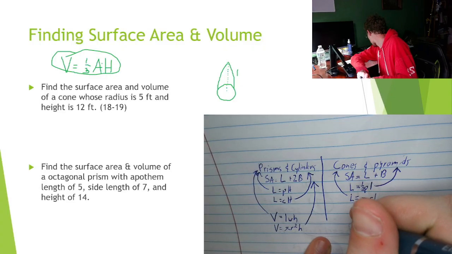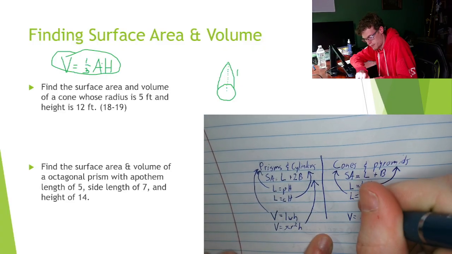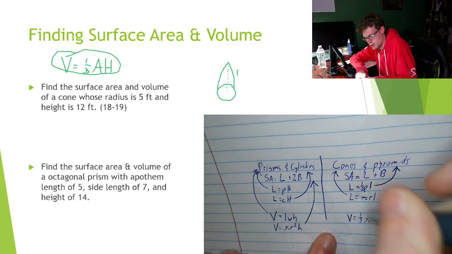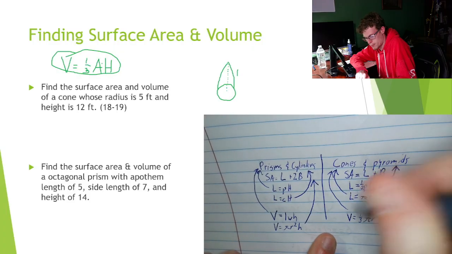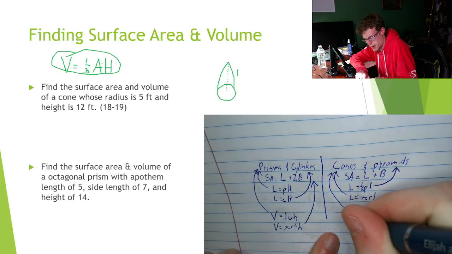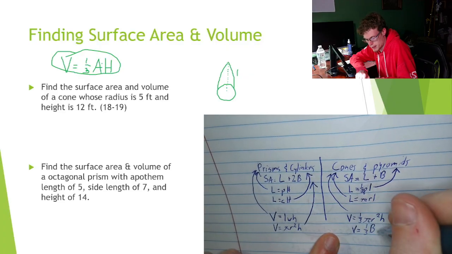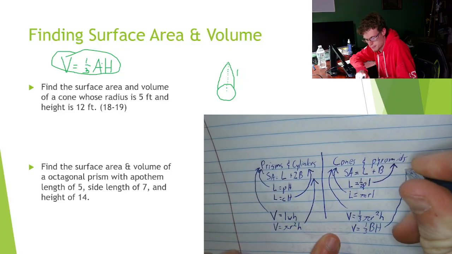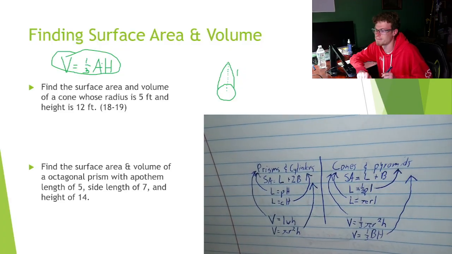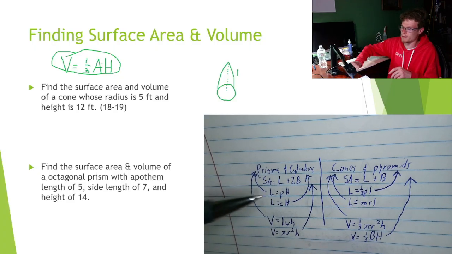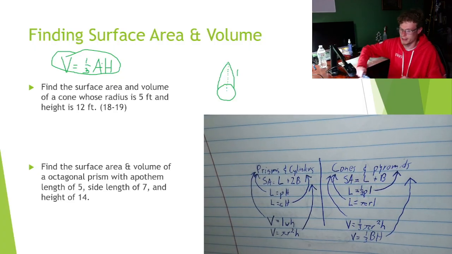For volume for a cone, you have 1/3 pi r squared h. For a pyramid, volume equals 1/3 area of base times height. Okay? Those are surface area and volume for these types of figures.